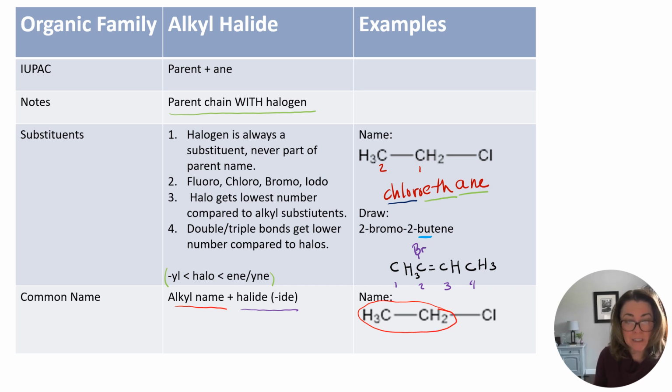And the alkyl is ethane. Remember, we're dealing with ethane here. But I'm going to change the ending to -yl, so it's ethyl. And then I'm looking at my halogen, and I have chlorine, and I'm going to change the ending here to -ide, so it is ethyl chloride.